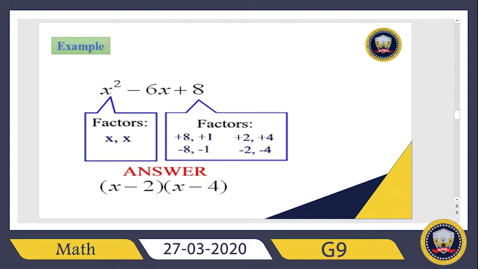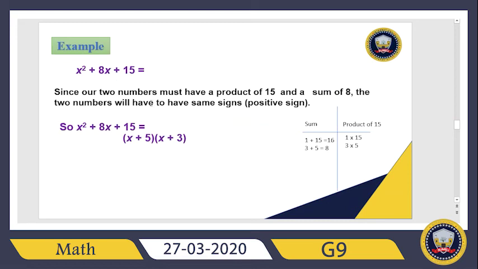Let's go for another example. Here, example: x squared plus 8x plus 15. They are asking to factorize. Again, do I have any common factor or common number or common variable?